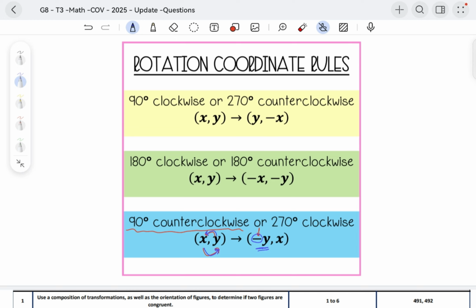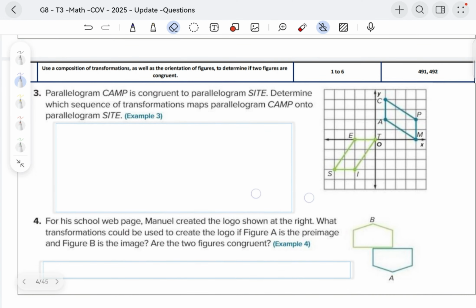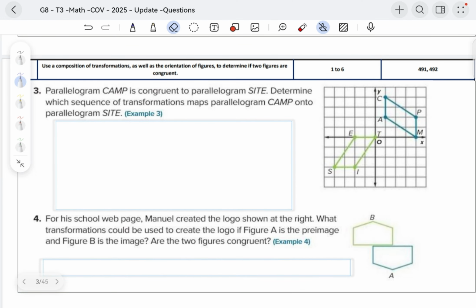Okay, so for example, if we have 5 and 3, we're gonna change their position. So it will be 3 and 5, and then we put the opposite sign for the y value. So it will be -3, 5. Let's go back to our question. Let's start with point A, rotating it 90 degrees counterclockwise.